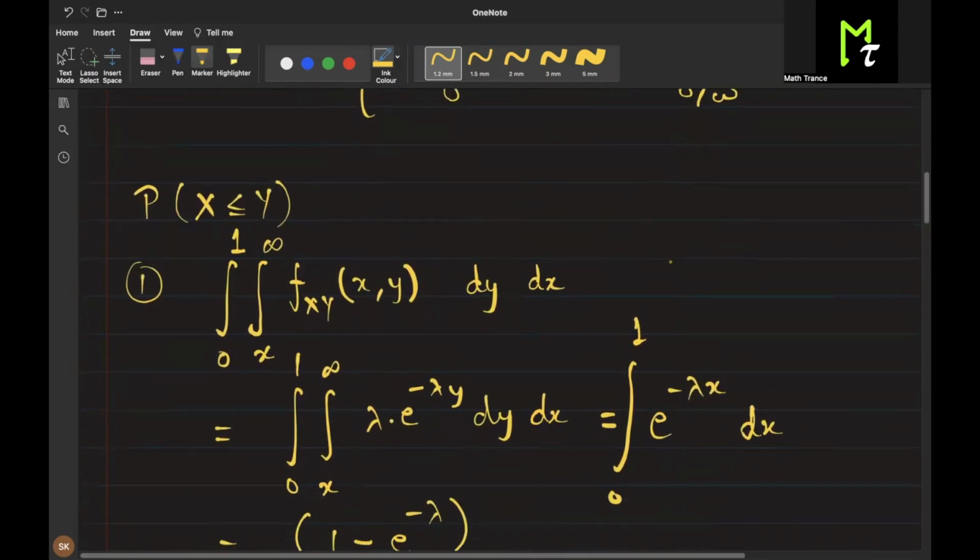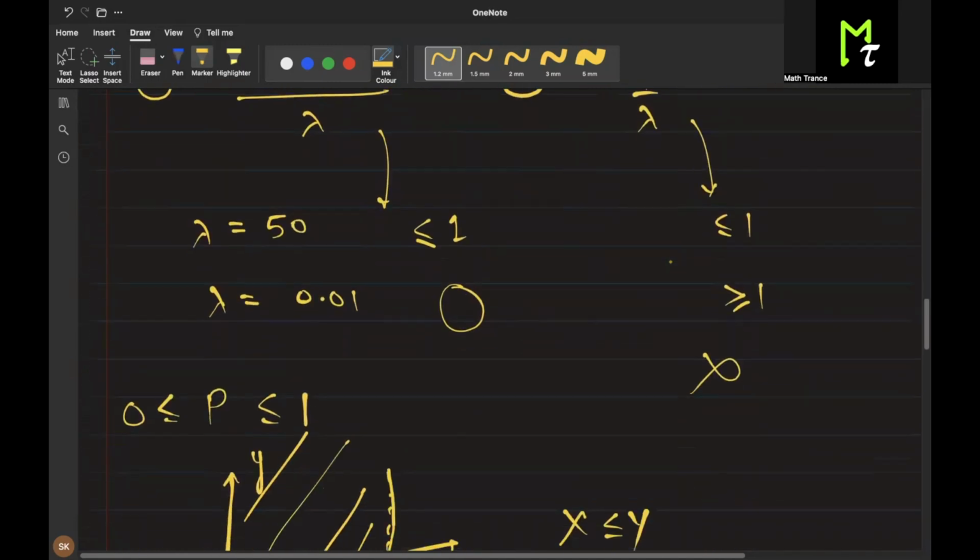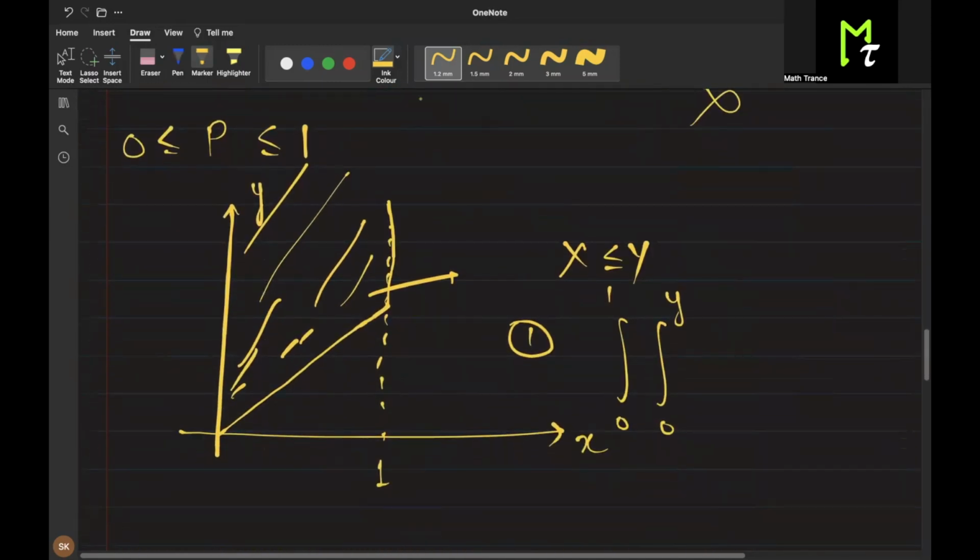So in the first case, it was 0 to 1 for x, and y went from x till infinity. This was for y, this one was for x. So this makes for the values in this range only, because it goes from x till infinity.